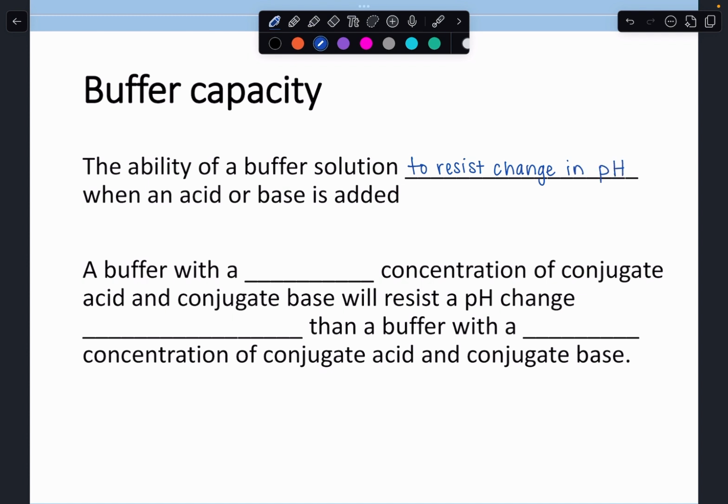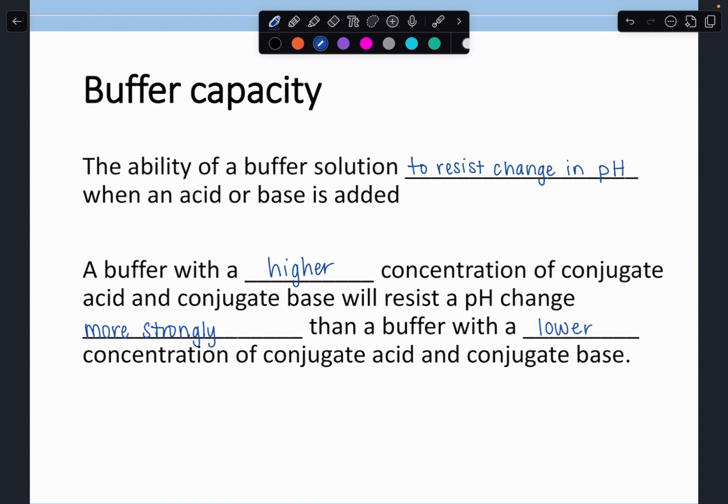And so a buffer with a higher concentration of conjugate acid and conjugate base will resist a pH change more strongly than a buffer with a lower concentration of that conjugate pair.